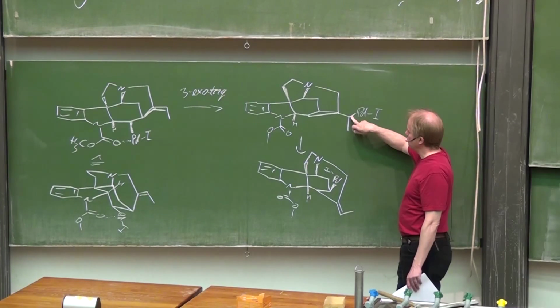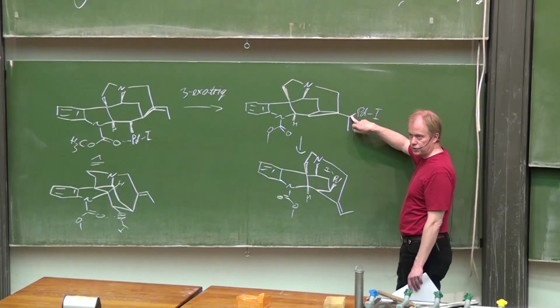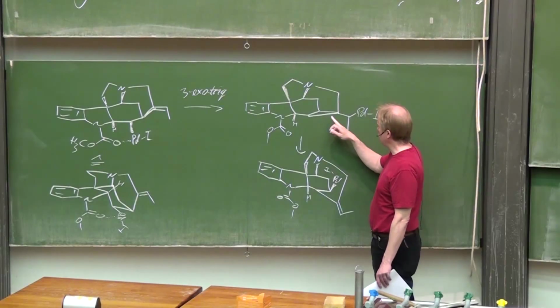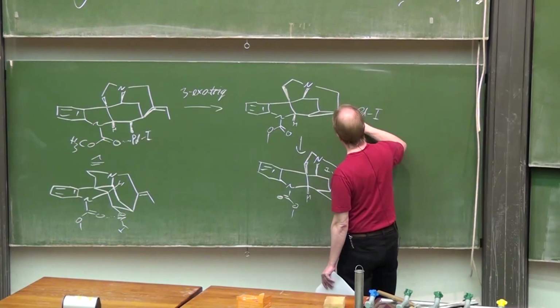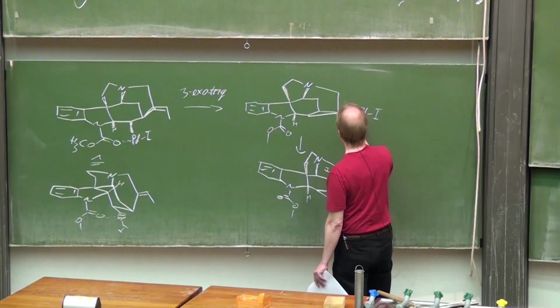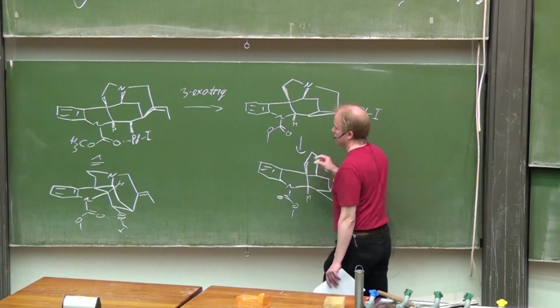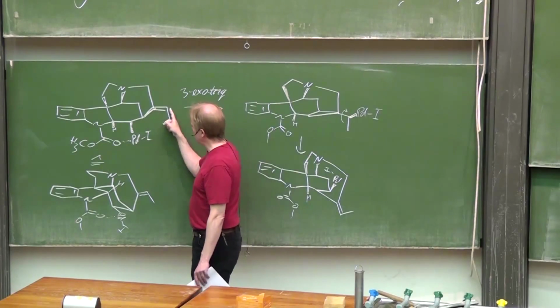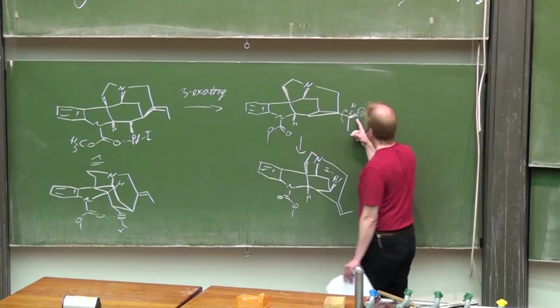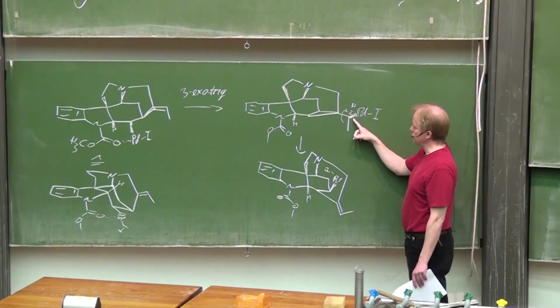So, for the retrocarbopalladation, that means the beta carbo elimination to occur, this has to rotate. So, that carbopalladation step gives us this stereochemistry.